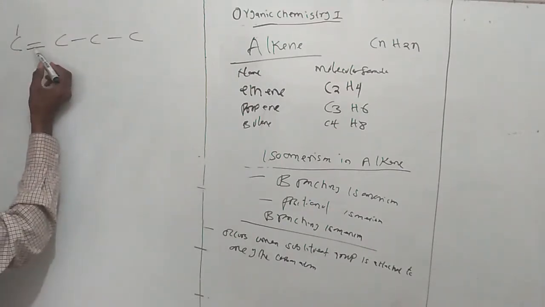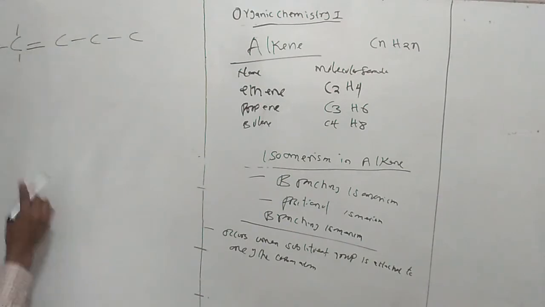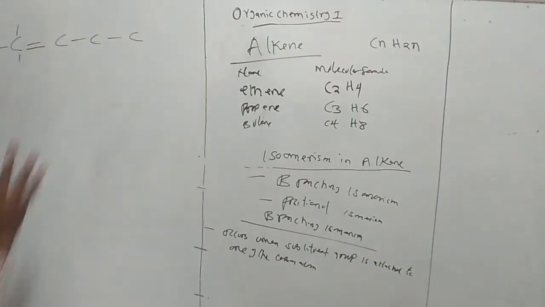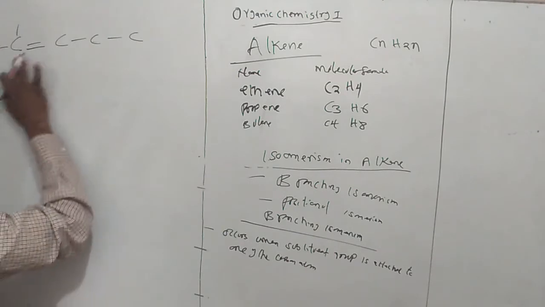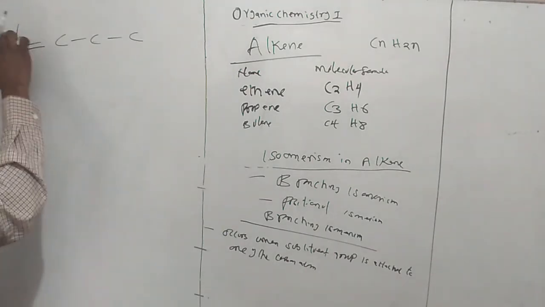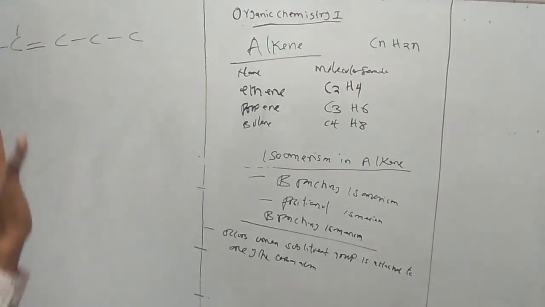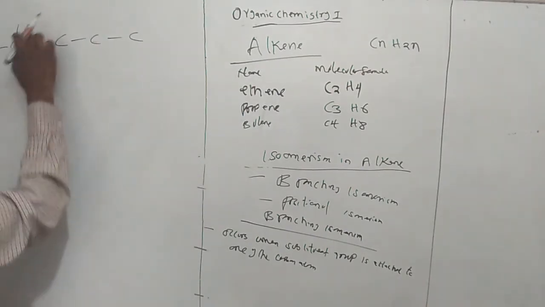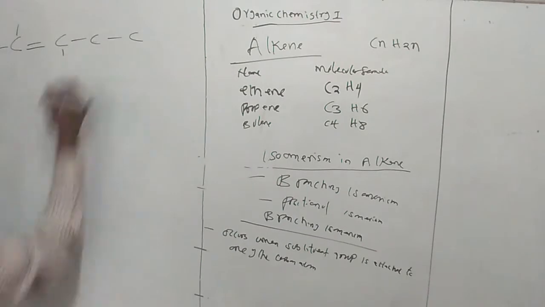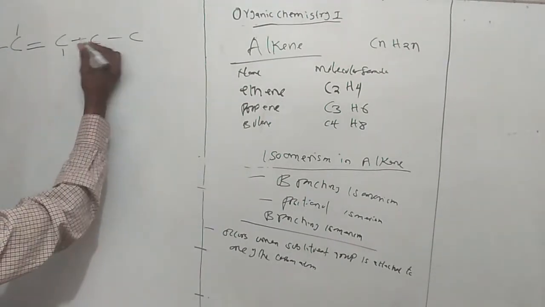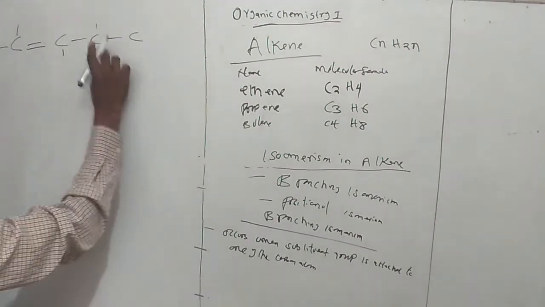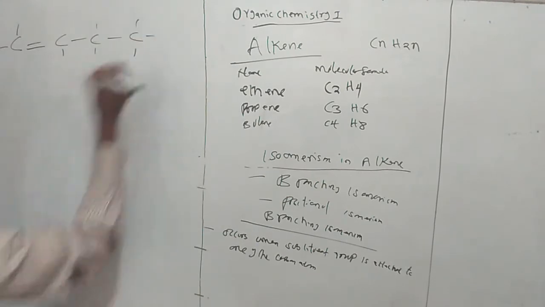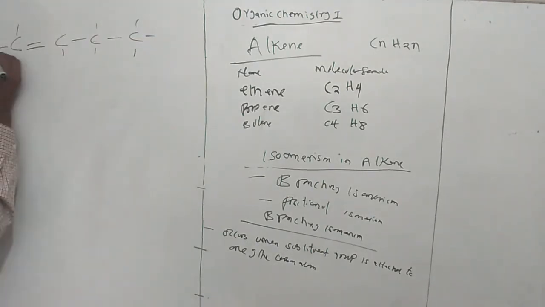So if here is 1, 2, if you put here 2 bonds, the bonds will be 5. That will be incorrect. The bonds will only be 4, so you have to eliminate 1, so that each carbon must be attached by only 4 bonds. Here we have 1, 2, 3, so we're only going to add 1. Here is 1, 2, so we add 3, 4. Now we can fill the rest with hydrogen.